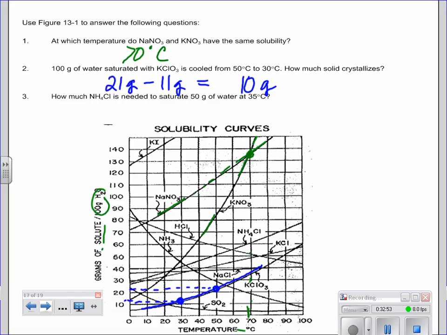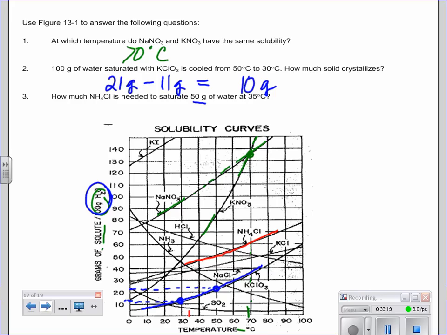And number 3, how much ammonium chloride is needed to saturate 50 grams of water at 35 degrees Celsius? So this should catch your eye, that that's not the same as that. The way I'd start this is to first try and find my curve, which is right here. So we've got our ammonium chloride, and we are looking at 35 degrees Celsius.